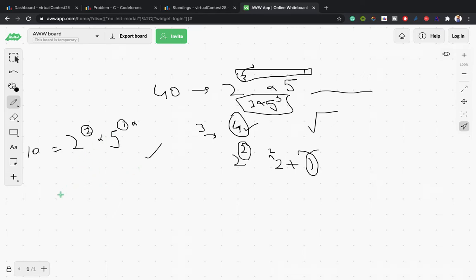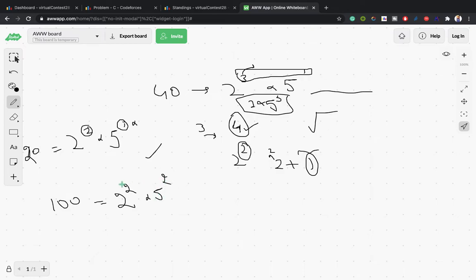If I have 100, that is 2 raised to power 2 into 5 raised to power 2.